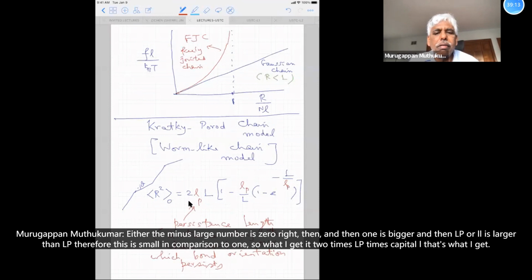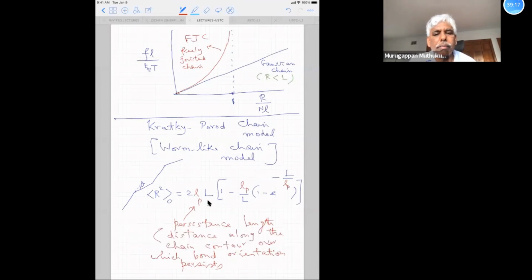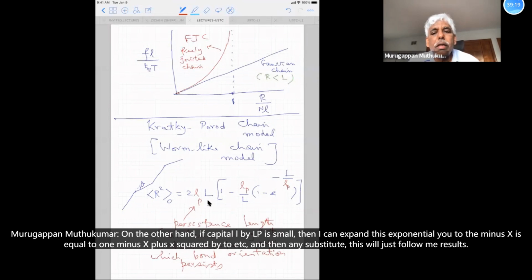So what I get is 2 times LP times capital L. On the other hand, if capital L by LP is small, then I can expand the exponential: e to the minus x is equal to 1 minus x plus x squared by 2, etc. And when you substitute this, you'll get the following results.